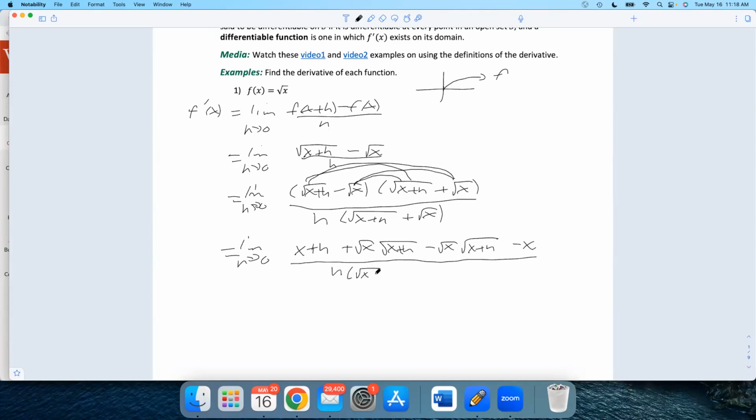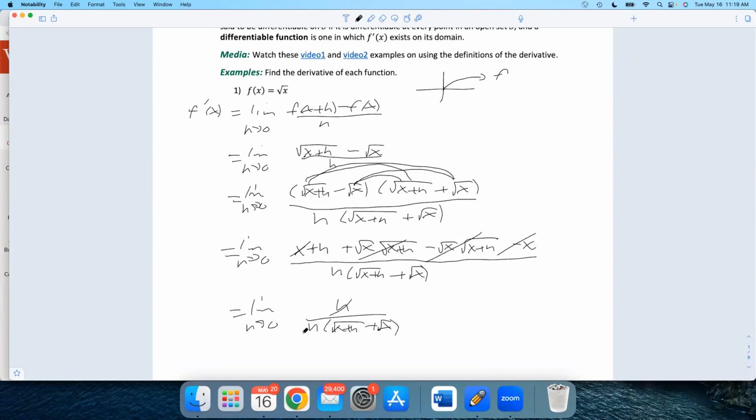And then let's rewrite the bottom. Okay, we get a bunch of cancellation. These middle terms just cancel out. That's going to happen every time. And in this case, these x's happen to cancel out. So I get limit as h approaches 0 of h over h times root x plus h plus root x.